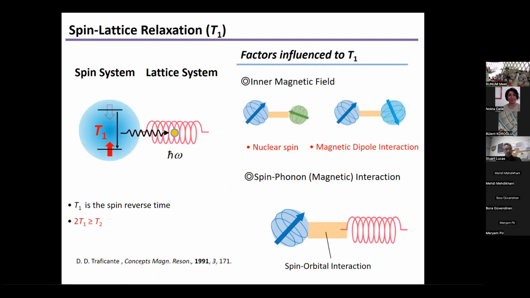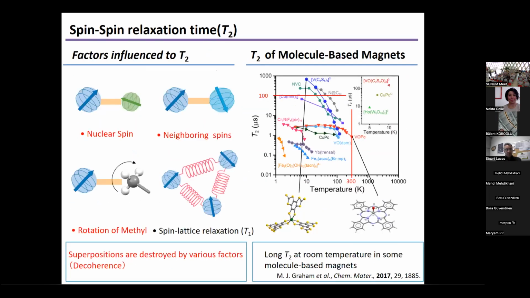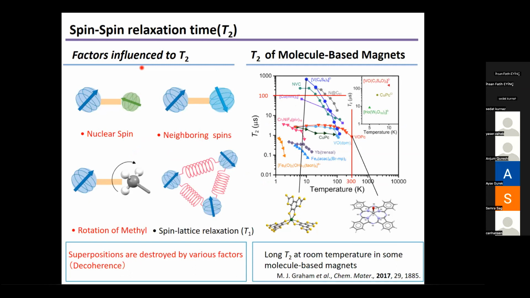As I told you, for spin-lattice relaxation time T1, the factors inverse to T1 are the inner magnetic field, such as nuclear spin or magnetic dipole interaction. Also for spin relaxation time T2, the factors inverse to T2 are the nuclear spin, neighboring spin, or rotation of methyl.